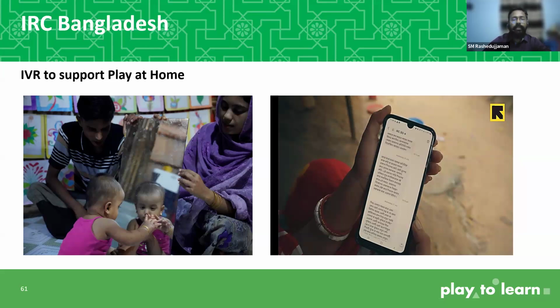We developed some materials and toys and detailed those instructions in the guidebook, so that the parents get the IVR instruction as well as the hands-on experience of how locally available materials can also be used as play material for their child development.